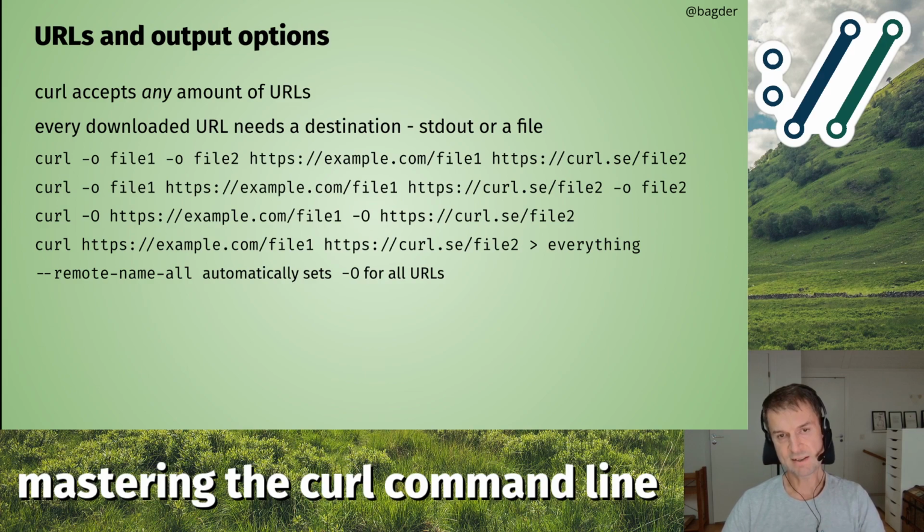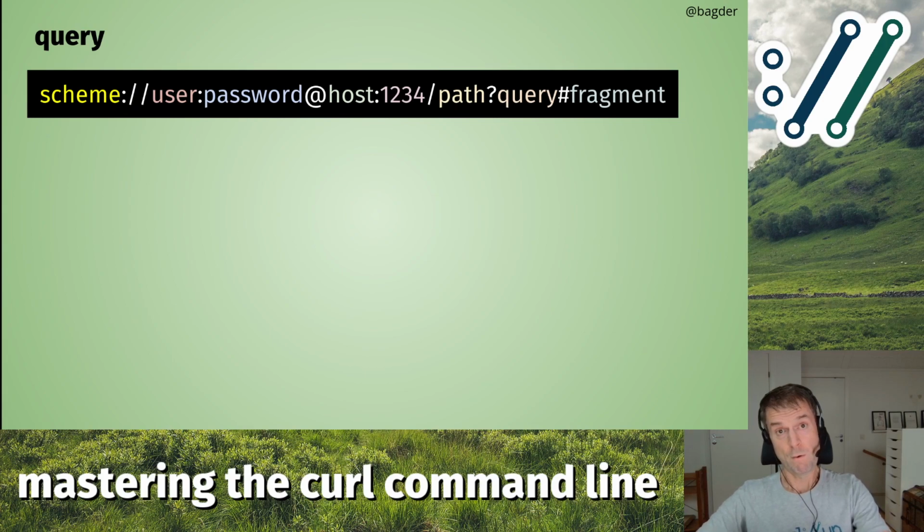It basically sets the -O automatically for all the URLs on the command line. So you can use one of that and then a lot of URLs, and it'll do the same for all of them. You need to provide options for every URL that you transfer, or you will get them on the standard out. Usually standard out is not what you want. Sometimes it is. You decide.